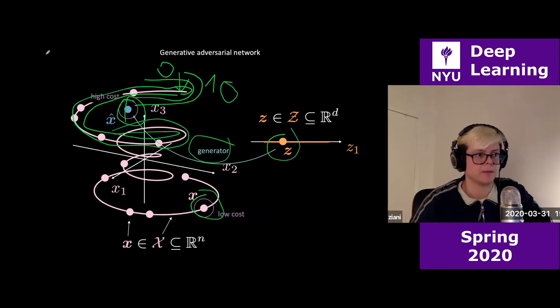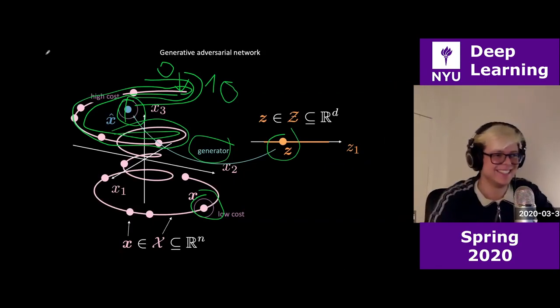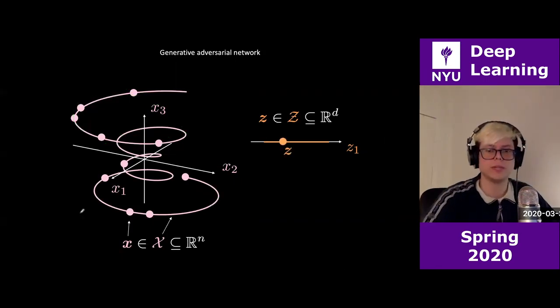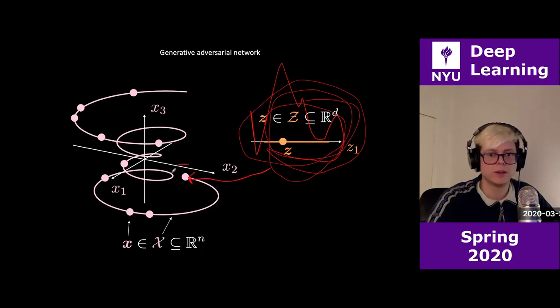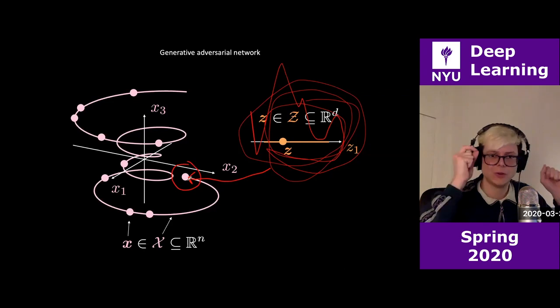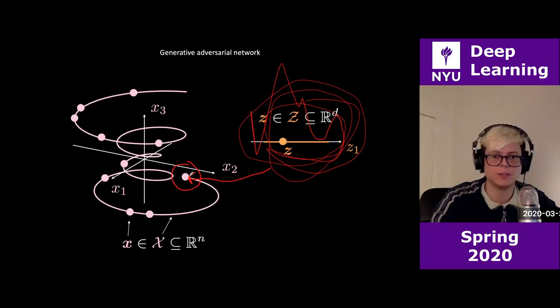One final issue was that if we get a generator which maps every point here into this point over here, all weights are 0, and you have the final bias be exactly this value over here, then that's finished, because the discriminator or the cost function will say, you've done a very good job.